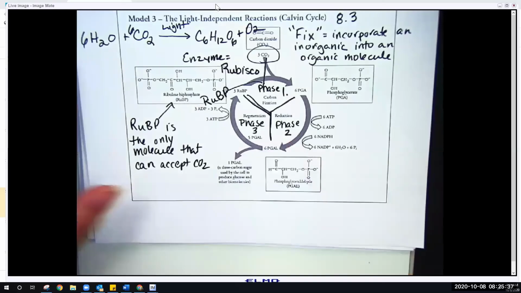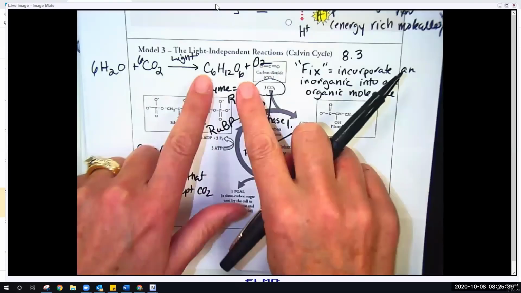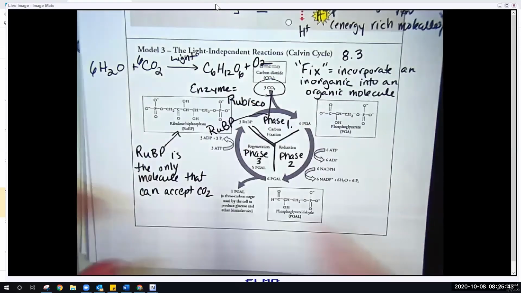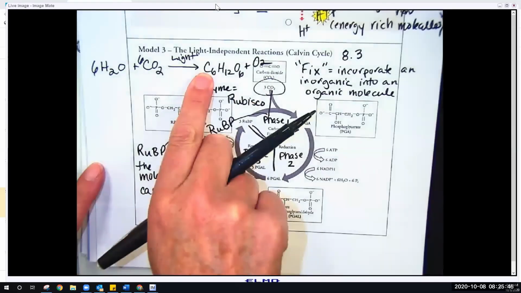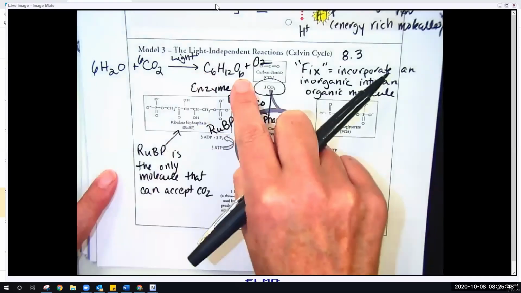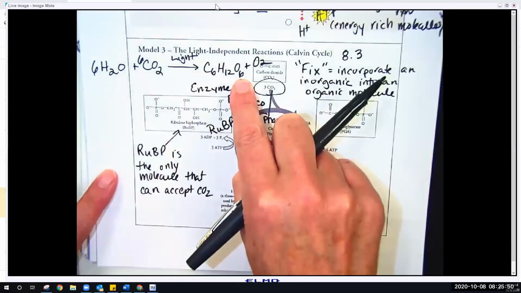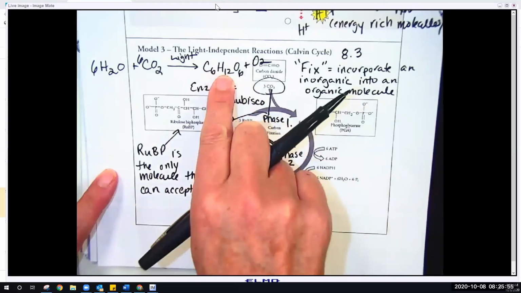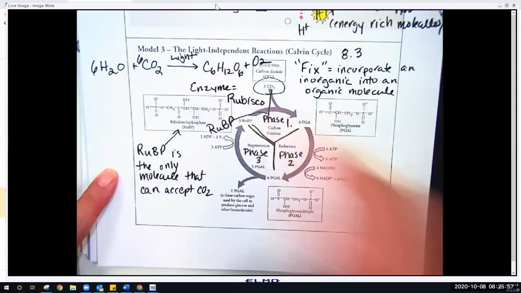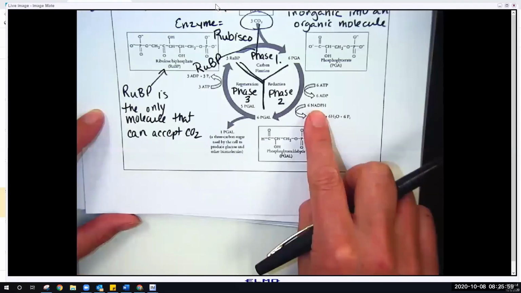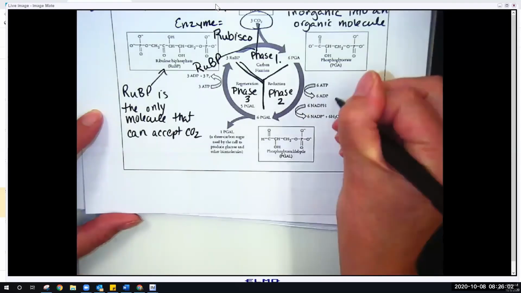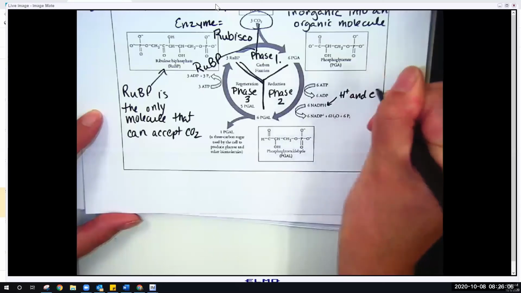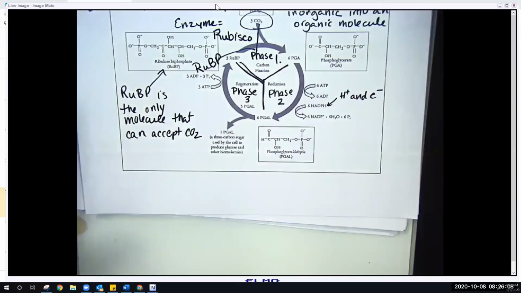Because if we look up here, we're trying to make sugar, right? We need matter to make that sugar. Here's the carbon that comes from carbon dioxide. Here's the oxygen that's coming from carbon dioxide. We need the electrons and the hydrogens. That's going to come from our electron carrier because here's NADPH. This has the hydrogens and those electrons that we need to make the sugar.